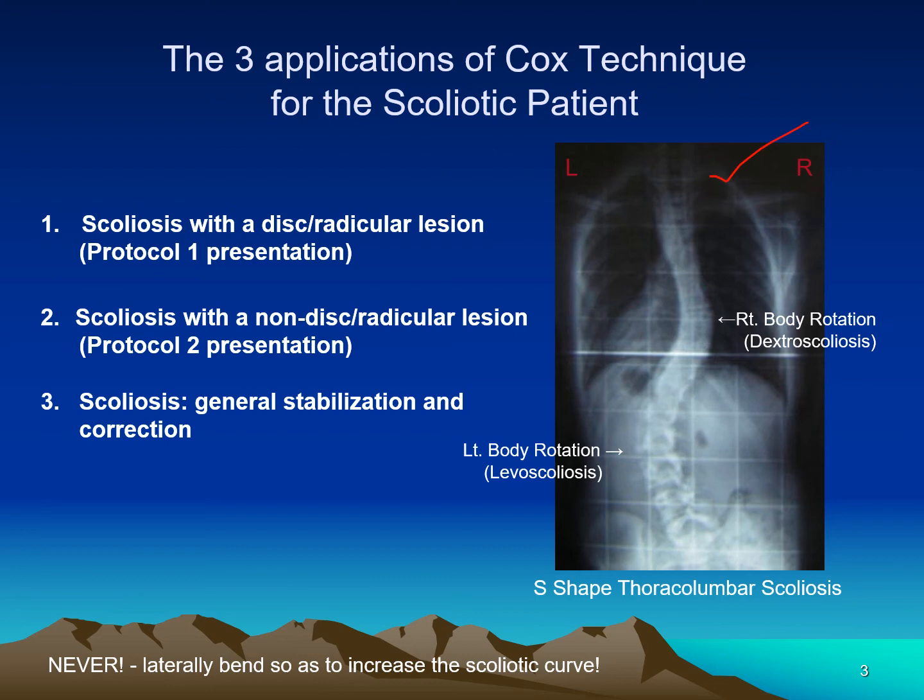Number 2 is the scoliotic patient with a non-disc or non-radicular lesion, basically someone who's just come to you for a painful disorder of their spine, and you've chosen to use Cox flexion decompression on them. The caveat here is, if you recall, with Protocol 2, we do lateral flexion and circumduction both to the left and the right.